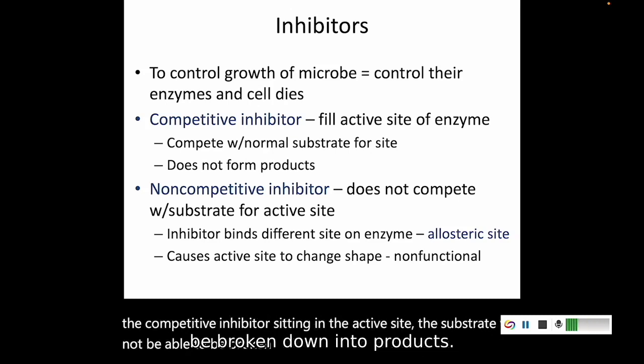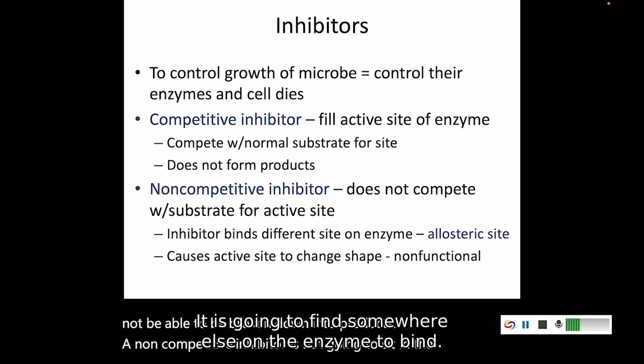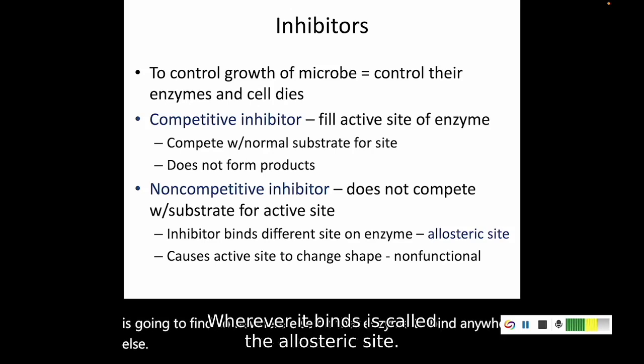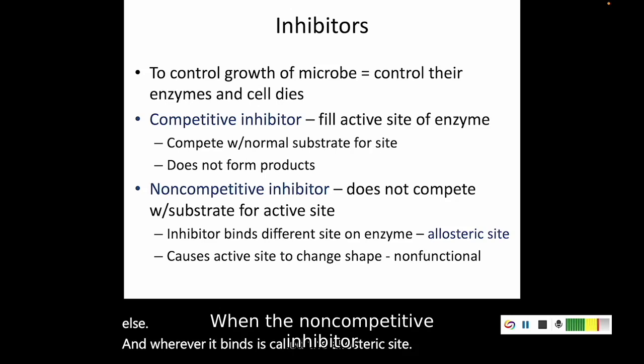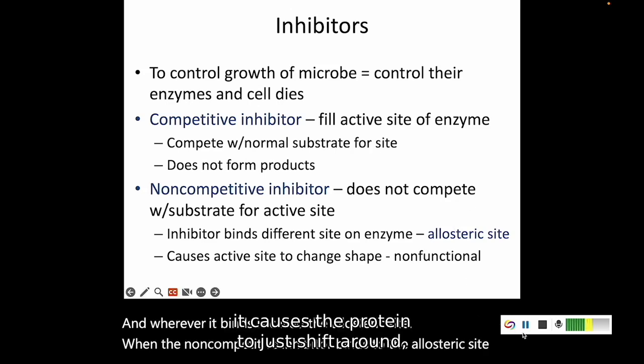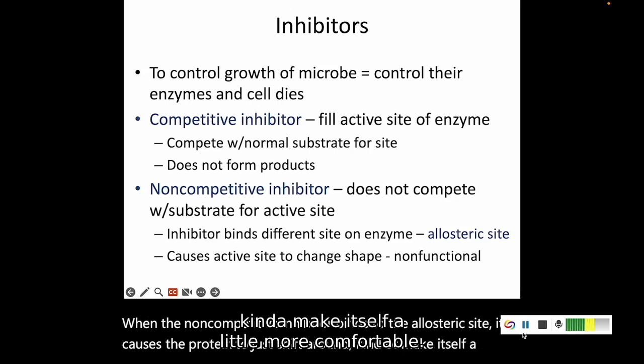A non-competitive inhibitor is not going to sit in the active site. It is going to find somewhere else on that enzyme to bind, anywhere else. And wherever it binds is called the allosteric site. When the non-competitive inhibitor binds to the allosteric site, it causes the protein to just shift around, kind of make itself a little more comfortable.